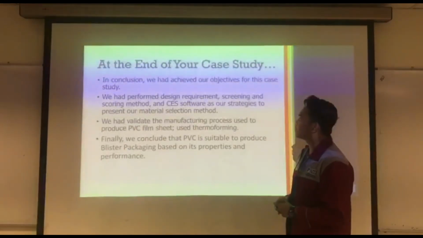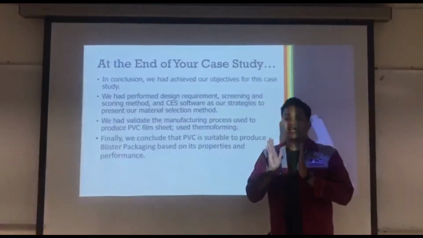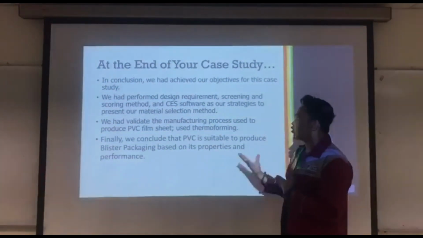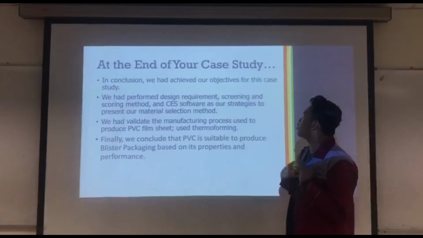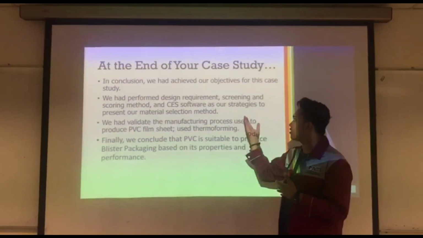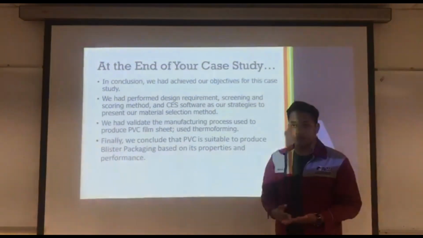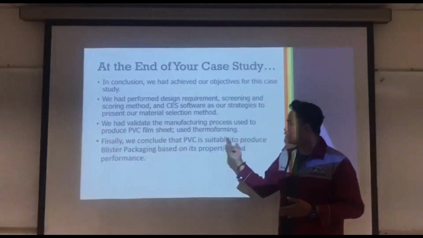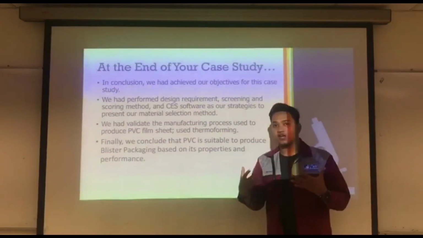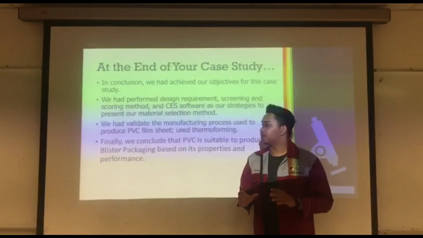Next. Okay, at the end of our case study, in conclusion, we have achieved our objective for this case study. We have performed design requirements, screening and scoring methods, and we used CES software as our strategy to present our material selection method.